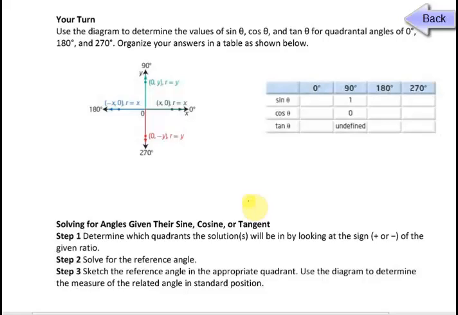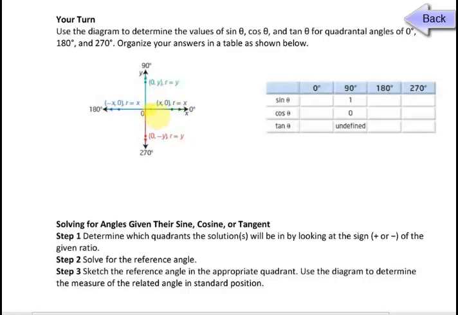Okay, so let's start with 0 degrees. When we have a quadrantal angle at 0 degrees, our point xy now becomes x and 0. And that's because any point on the x-axis has a y-coordinate of 0.